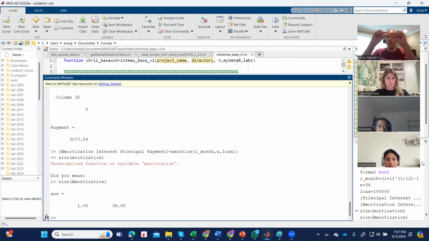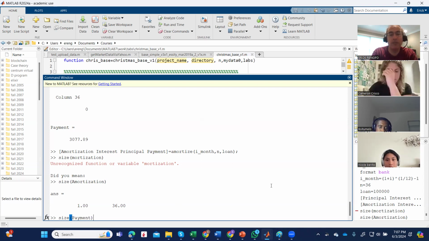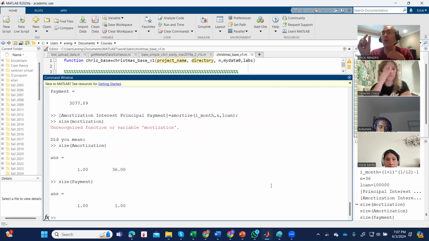So it is 1 row, 36 columns. Do you see that? And the same is going to be for interest, principal, but what about payment? Size of payment. It's a 1 by 1.